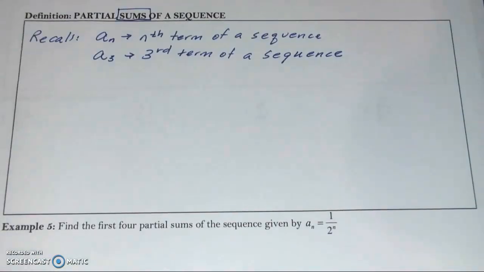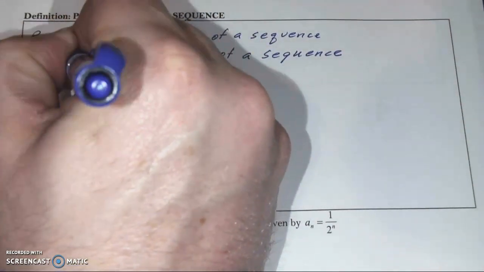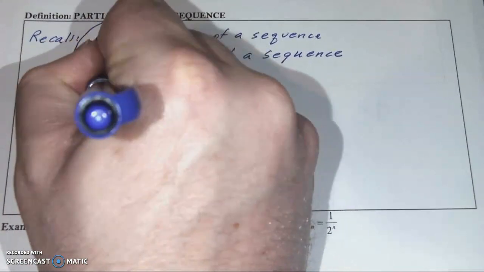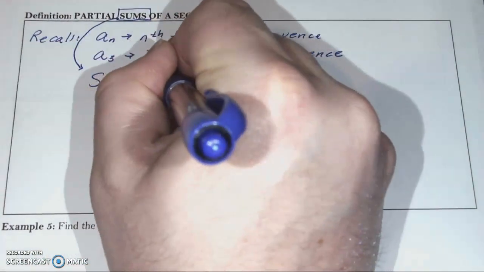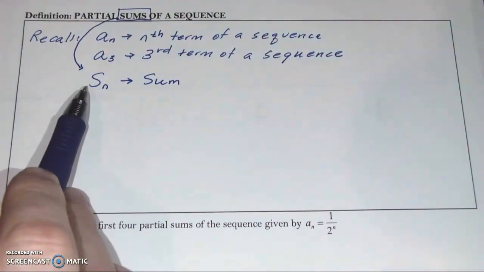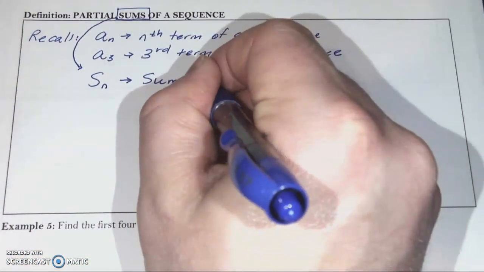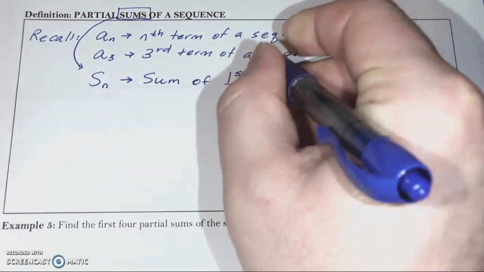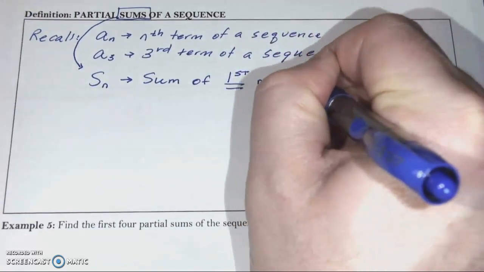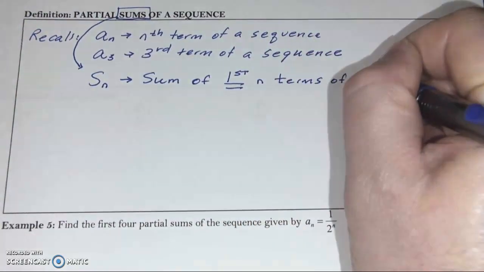We're talking about sums, just like you would think, adding things together. To figure out a sum of a sequence, we use a capital S. Generally speaking, S sub n means the sum of the first n terms of a sequence.